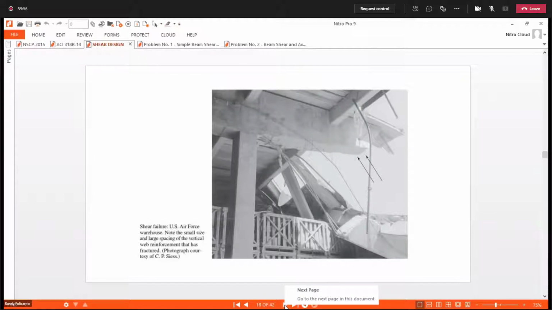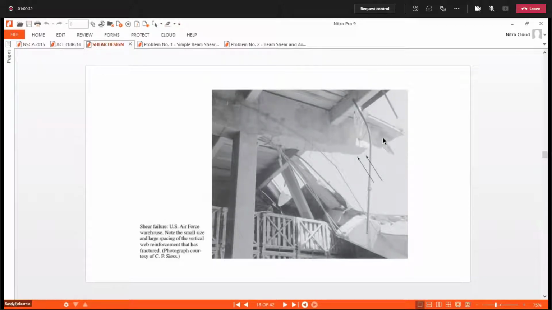So hindi lang yung main reinforcement ang mapuputol para bumigay yung beam. Pwede rin bumigay dito. Why? Kasi itong center dito, yung top bar mo dito, usually dito ka kakaroon ng tinatawag na splice kapag positive yung moment mo. So the splice is usually at the top.